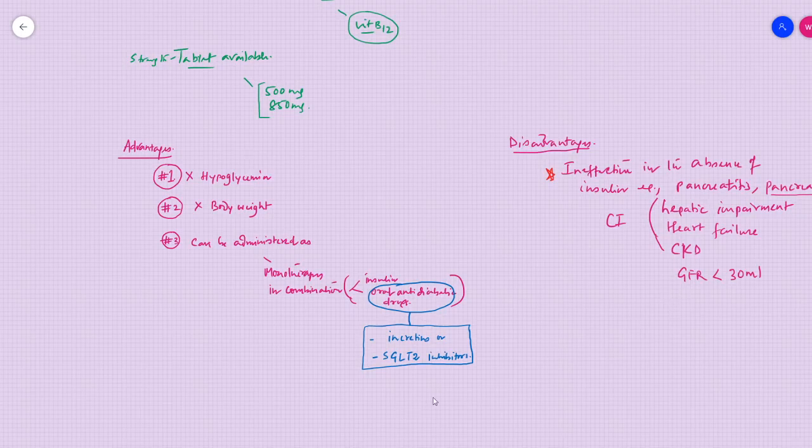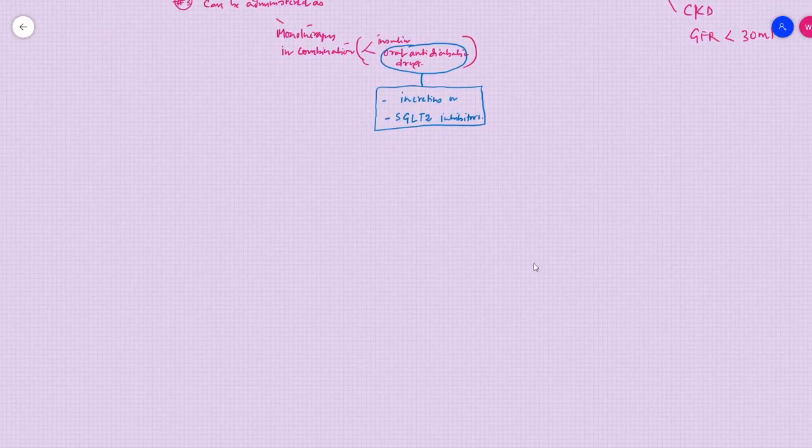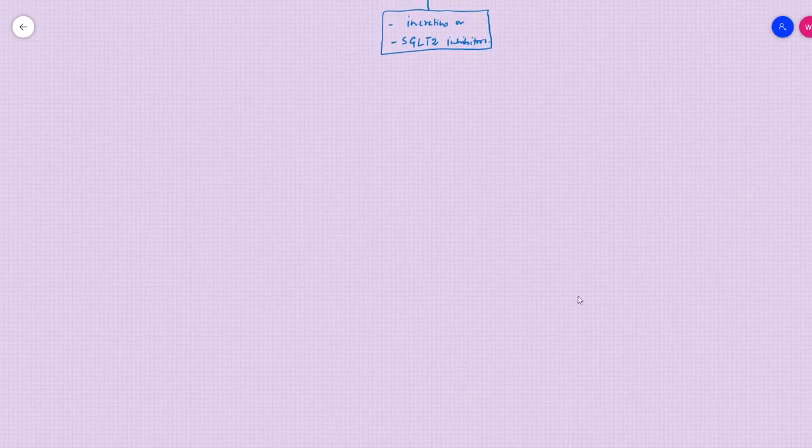Let us conclude our discussion on metformin by looking at the structure of metformin. Okay, so we said that it is a biguanide, which means it has got a guanidine moiety.